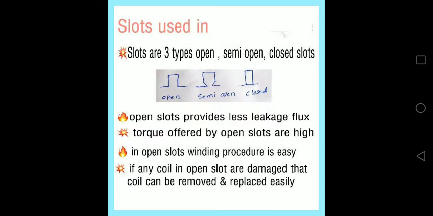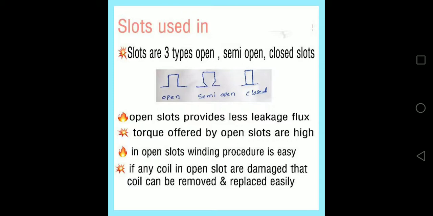So to maintain the same flux in the machine, the current drawn by the open slot is more. If you use the open slot, current drawn is more.